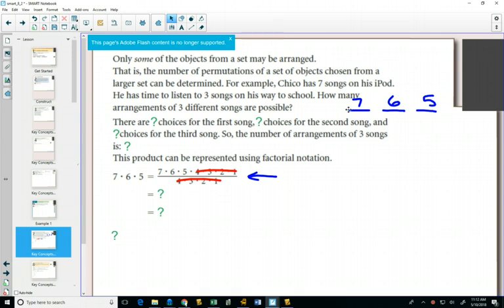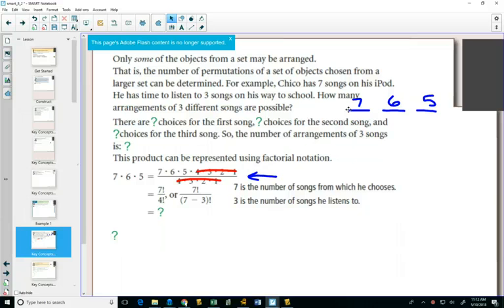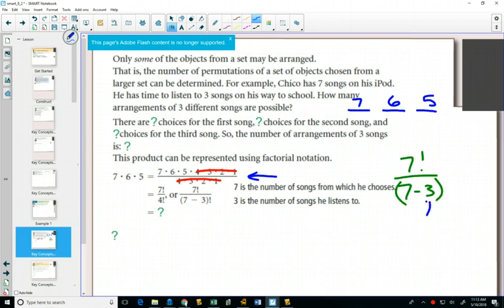Well, then you could say this is the same as 7 factorial over 4 factorial. And the 4 factorial is the same as 7 minus 3. Now, the reason we want to use 7 minus 3 is because this 3 was how many spaces we had. And it ends up being the same thing.